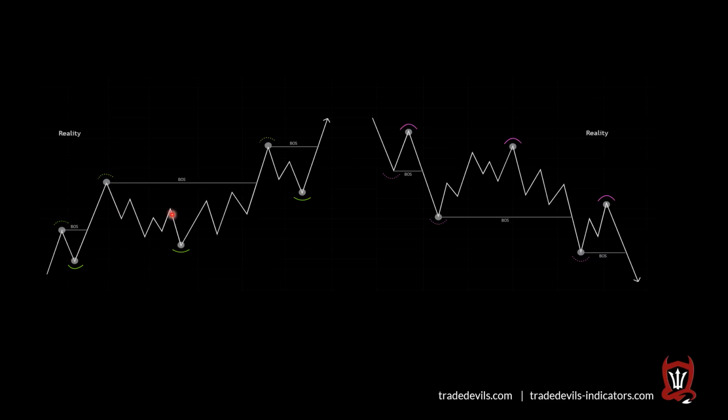swing structure here, this intermediate swing structure. This could be a 4-hour chart, and this would be 15-minute substructure here. That, of course, is just naturally how the market moves. But our context doesn't change as long as we stay above this low. As long as the uptrend stays in place, we continue to define it as an uptrend as long as the highs are being broken and the lows are staying as higher lows.